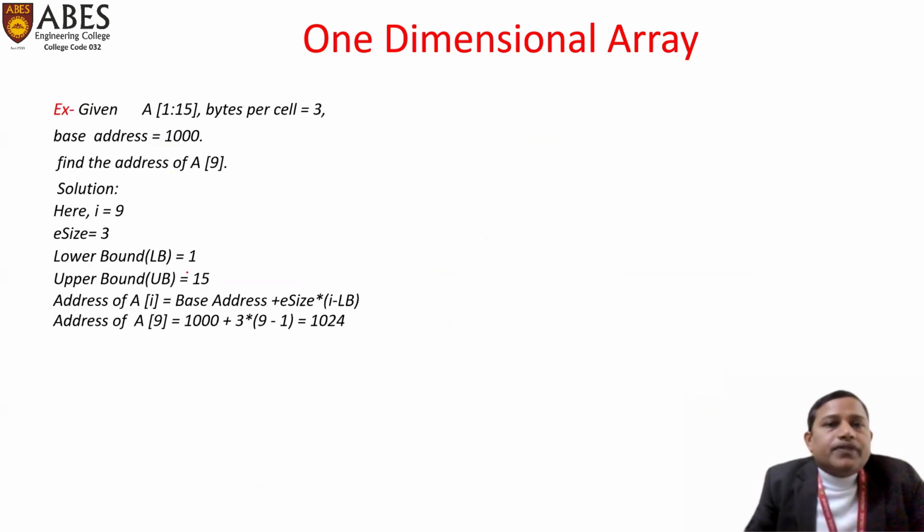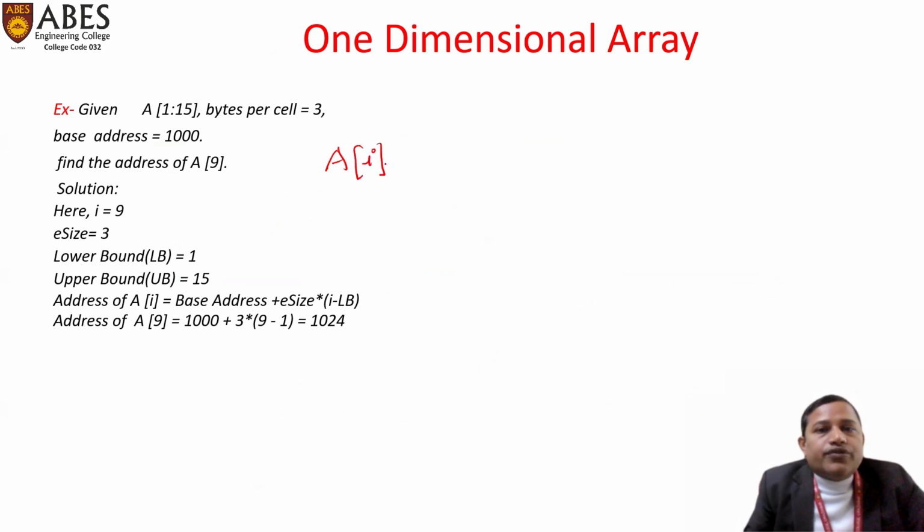For example, our formula to find the location of a particular element in an array is base address plus index of element minus starting index, which is represented as lower bound, multiplied by the size of an element, that is, the data type of the element.